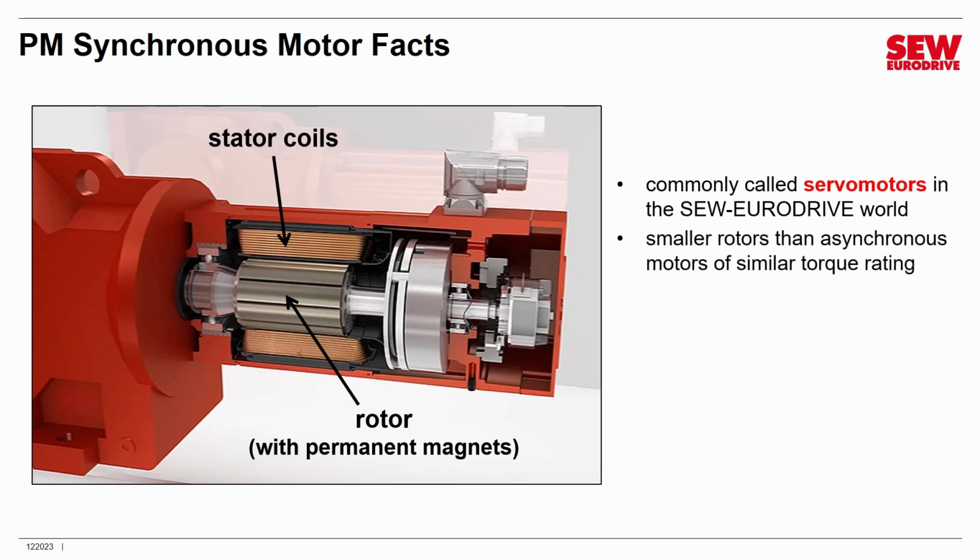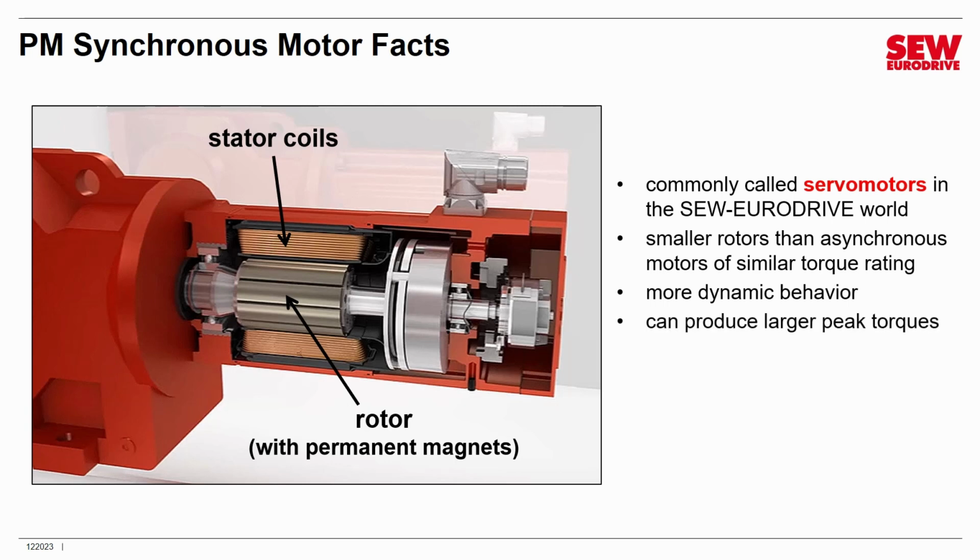One advantage that a servomotor has over an asynchronous motor, an AC induction motor, is that they tend to have smaller rotors for the same torque rating, and this makes the motors more compact, so sometimes servomotors are used simply for their space-saving qualities. They also have what is called more dynamic behavior, meaning they can start, stop, or change direction more briskly than an AC induction motor.